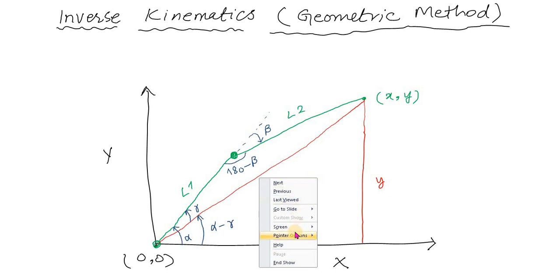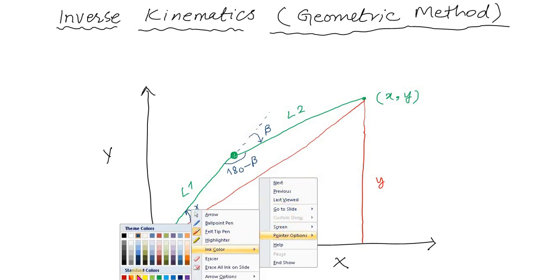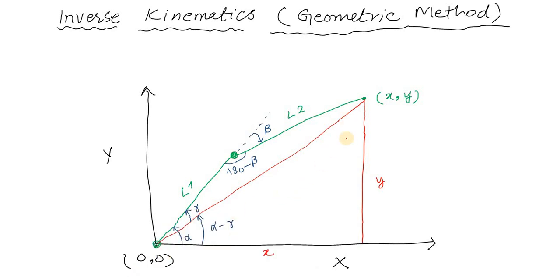So again we consider this red triangle. This is a right angle triangle, because here we have a 90-degree angle, and the length that connects the origin to the point we call R. And we have a second triangle that is not a right triangle.